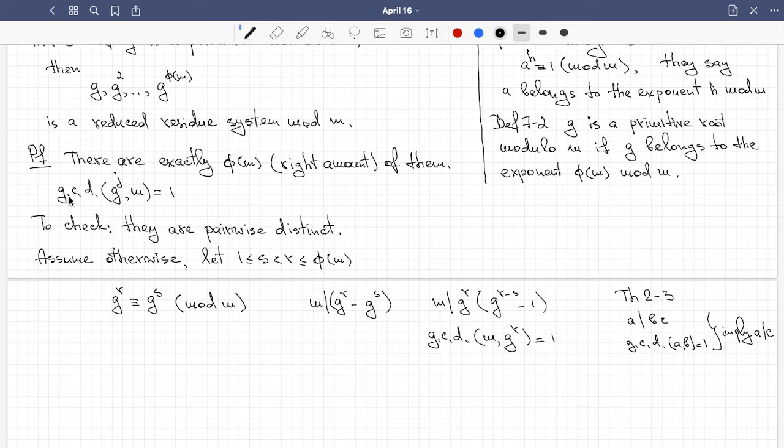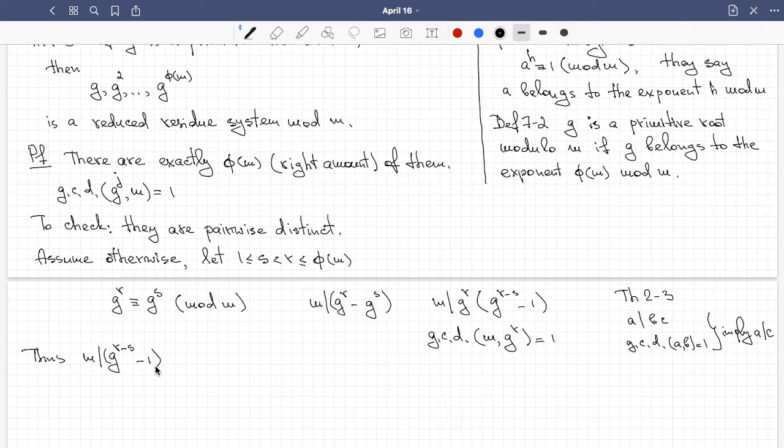As we already discussed, the greatest common divisor of any power of G and M is 1. So the theorem tells us that this divisibility and this condition must imply that M divides G to the power R minus S minus 1.